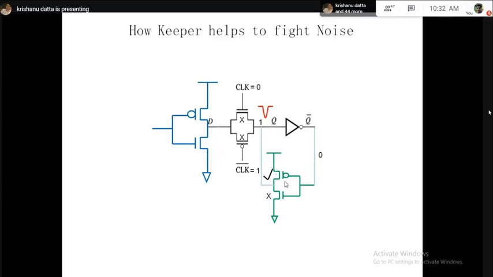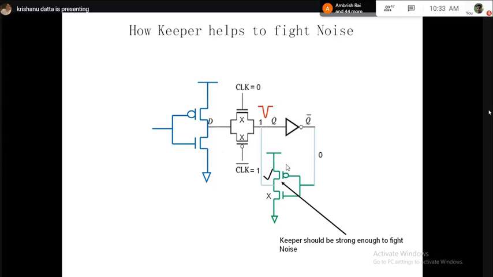This is the job of this PMOS transistor. It is called the keeper. So the keeper should be strong enough to fight this noise. This is the whole philosophy by which this keeper transistor works. Okay. Now, the more you make this PMOS strong, so how can you make the PMOS strong?